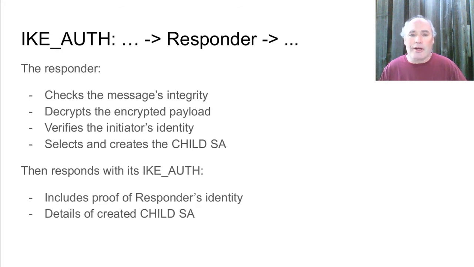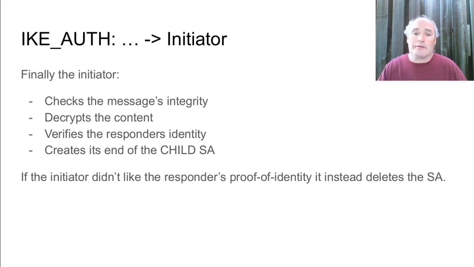You know, this idea of let's be helpful as in IKEv1 and tell you exactly how broken we are, gone. So it decrypts, verifies the packet, and if it's okay, it'll create the child, and then it sends back its response. It contains details of the child, and again the responder's proof of identity.